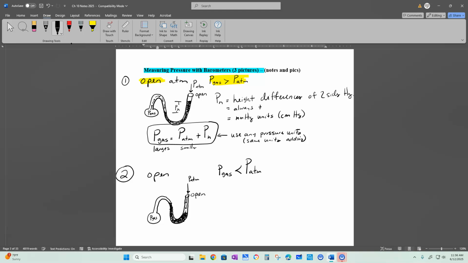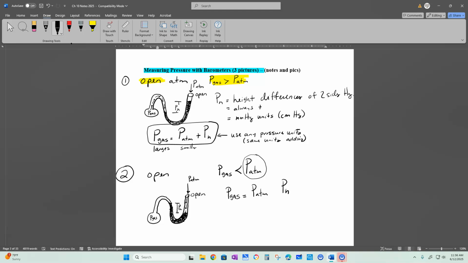Okay, so my pH, same thing. pH, it's that height difference. Even though this side is higher than that side, it's still a positive number. Okay, so now in this case, I know that my atmosphere is going to be a greater value. So my P gas equals P ATM and pH.